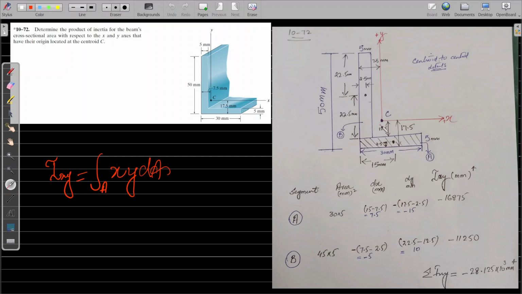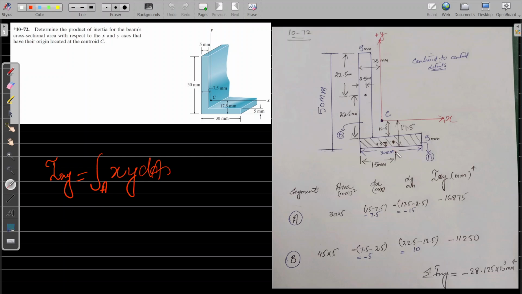So we need to calculate the distance between this C and this C. From this point to this point it is 15, and the distance of the parent centroid is given as 7.5. If we subtract 7.5 from 15, we get the centroid to centroid distance, which is 15 minus 7.5 equals 7.5 millimeters.